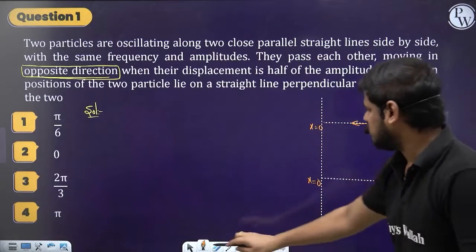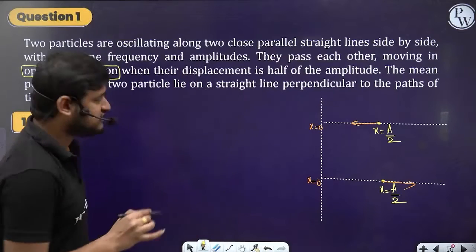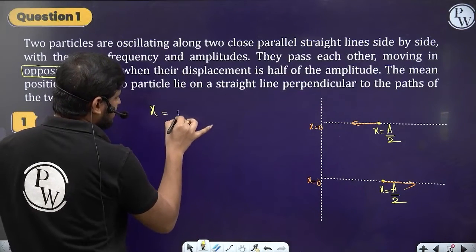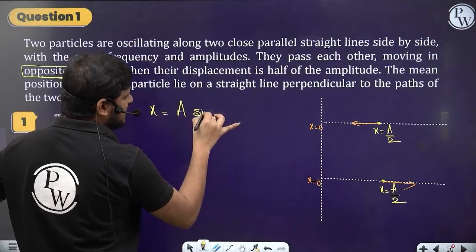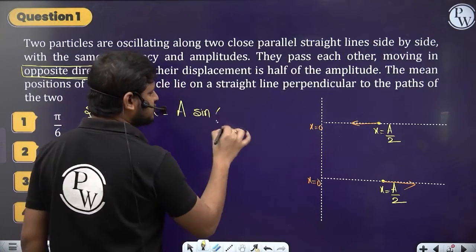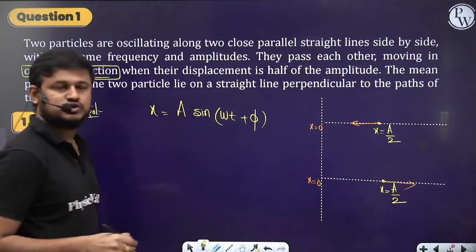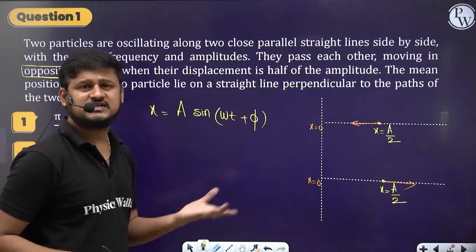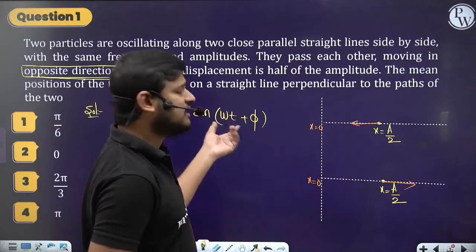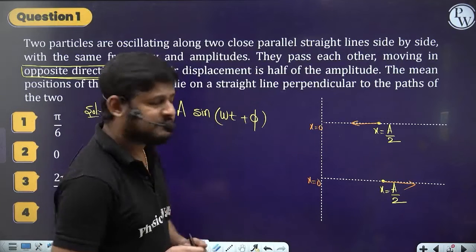First of all, let me take a general equation. x equals a sine omega t is the general equation of S.H.M, and if some initial phase is there, let it be phi, because we have to find the phase difference only.